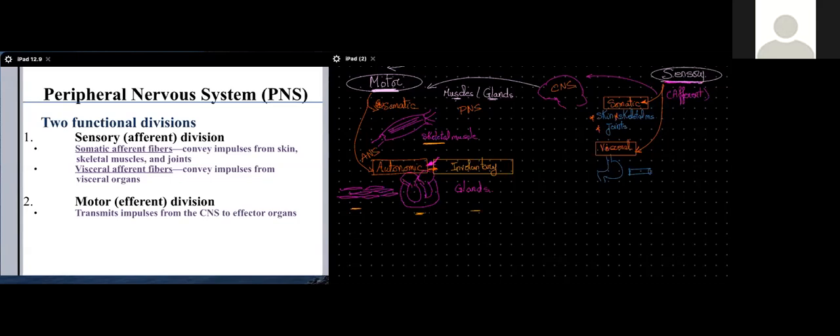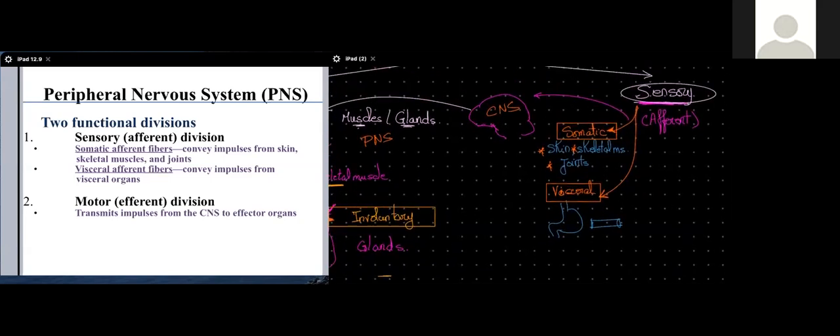So again, if I'm collecting sensory input, we classify the nerves as sensory nervous system. All of them together are considered together as sensory nervous system. If I'm collecting the signals from skin, skeletal muscles, and joints, this is going to be somatic sensory nervous system.